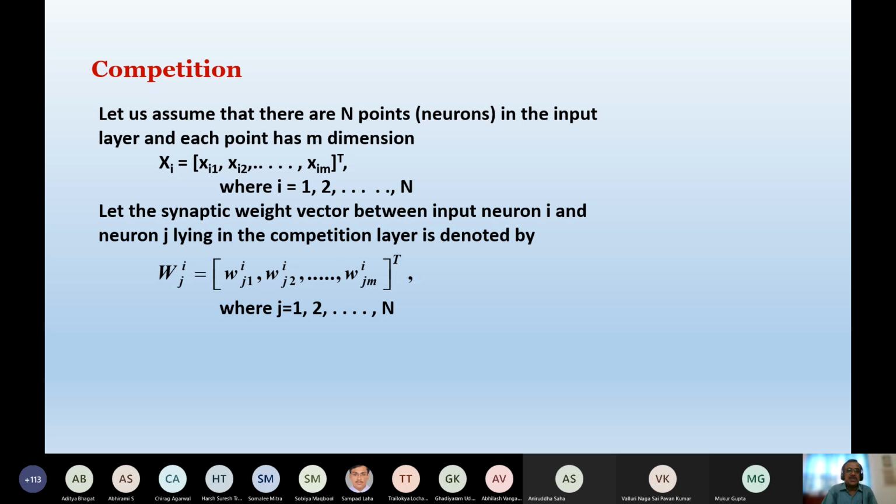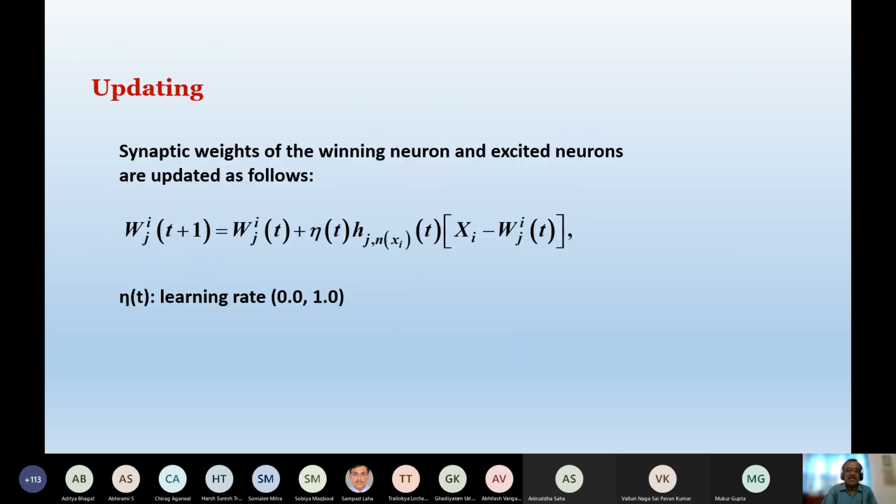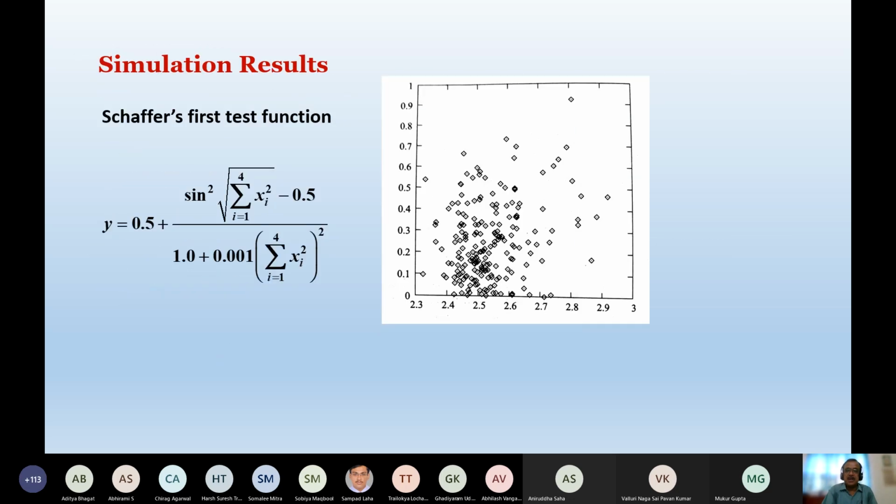Now I'll show you some results and you'll be astonished. These results were reported by us only. We solved a number of problems. For example, we considered Schaffer's F1, test function 1.